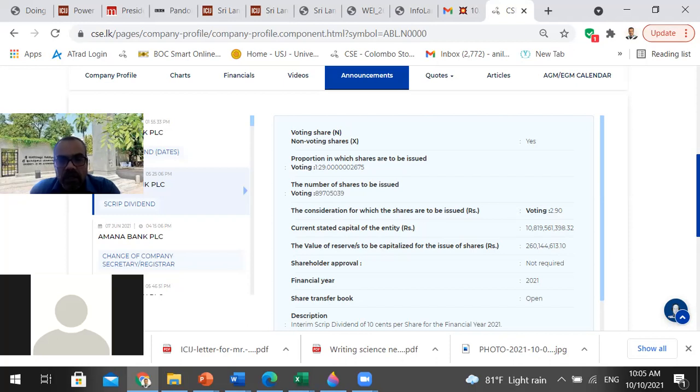You have heard about these three terms. What are the implications of these? Before explaining the situation, I would like to ask again in simple terms. When we explain the capitalization of reserves, bonus shares, and scrip dividend, there are three names, therefore the actions are also totally different from one another.